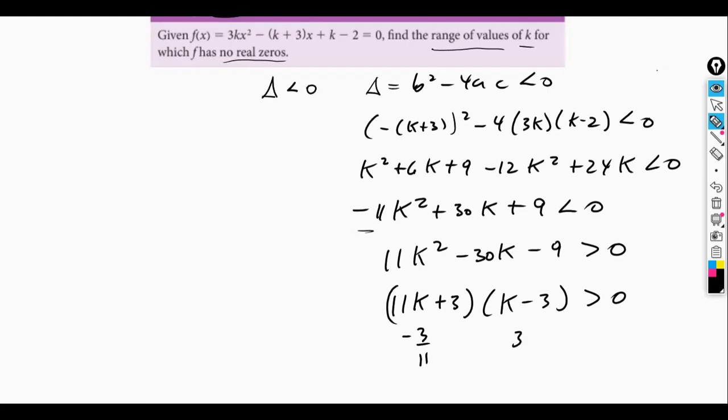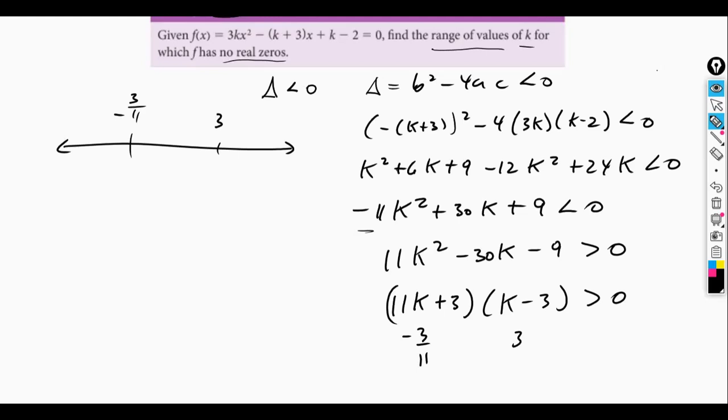So we can build a sign chart using those, right? So let's build a sign chart. And here we have -3 over 11 and 3. And we'll do what we did before, which is test values before, between, and after -3/11 and 3.